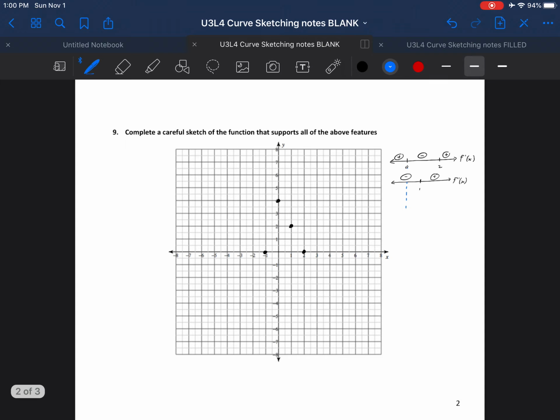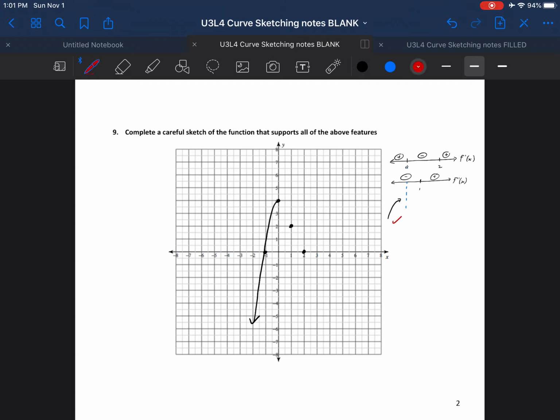So, up until this point, 0, the graph is increasing, and it's concave down. So that portion of the graph will look something like this. Okay, so I know that's going to be the shape to the left of x equals 0. So the graph will look something like that. Okay, that'll be its shape.